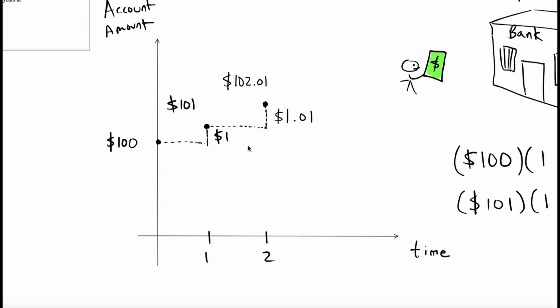Now, that might not seem like a big deal at first, but if they keep doing this, what ends up happening is the steps get bigger and bigger every time. And what we end up getting is a curve for your account, instead of a straight line. And it's an exponential curve.